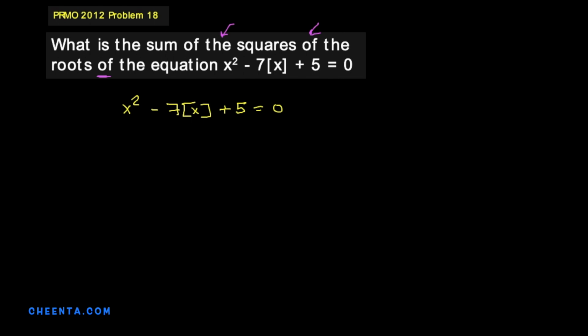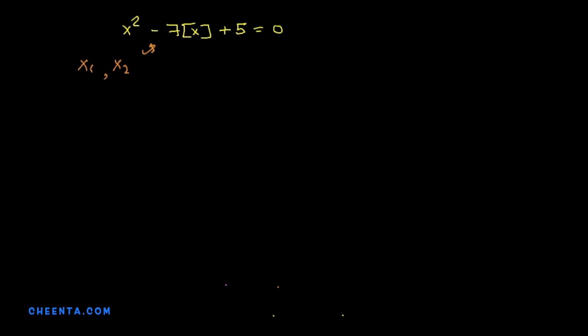Okay, so we want to find out the sum of the squares of the roots of this equation. So if x1, x2 are the roots of this equation, then we want to find out x1 square plus x2 square and so on. So how do we find that? How do we find the sum of the squares of the roots of this equation?